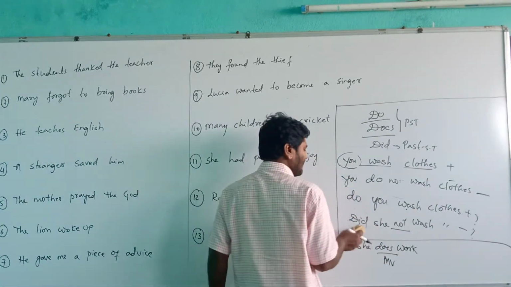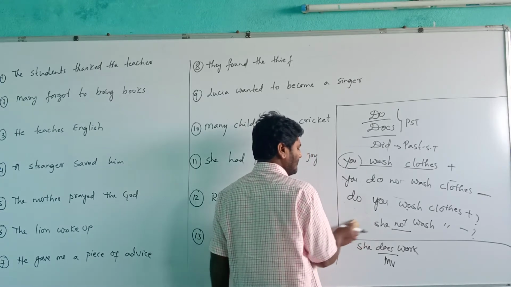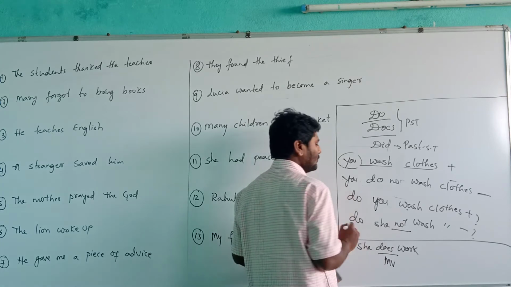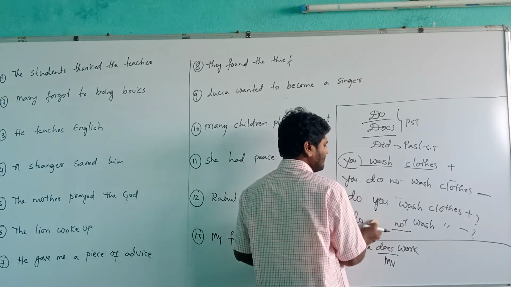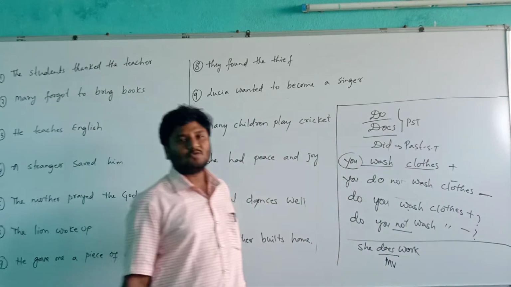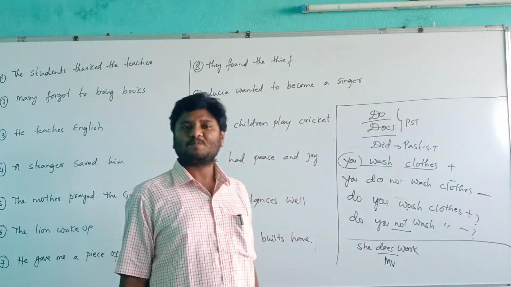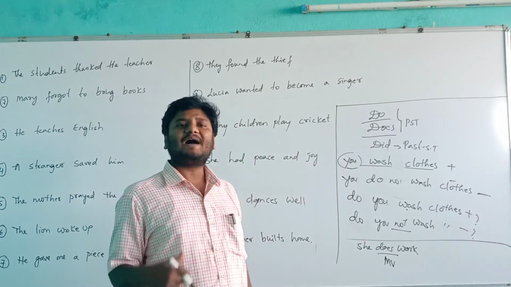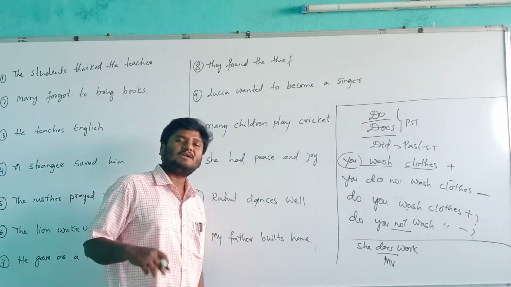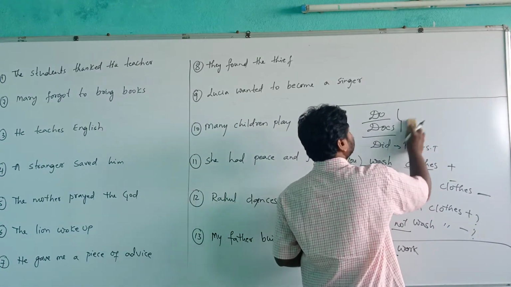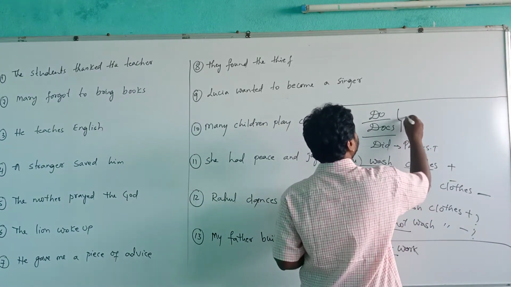At the same time here I will be using again do, and here change the subject you. Do you not wash? Okay, so what idea did you get from this? What idea you got from this is do and does are used in the present tense.